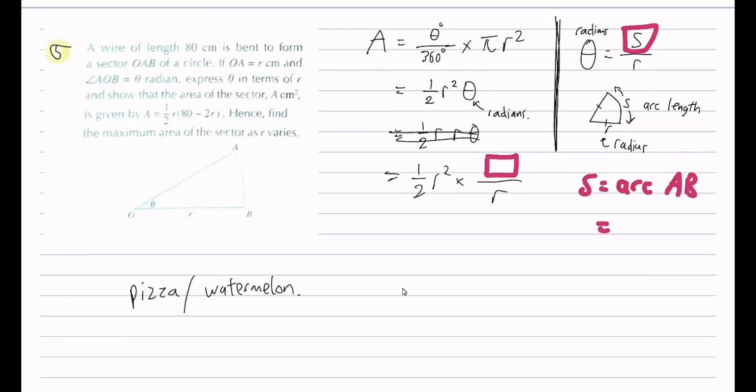Then you must read the question again. What did they tell you? First sentence. So what's arc AB?